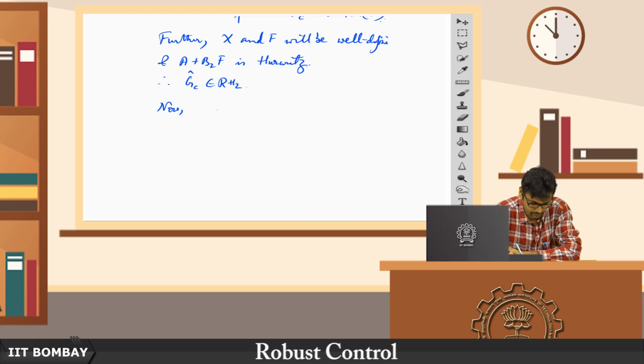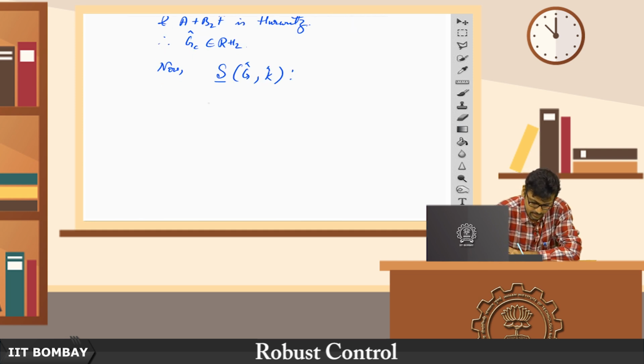Now, S bar, the star product of G hat, K hat, yeah, what is this known as? Let us write down the state space.